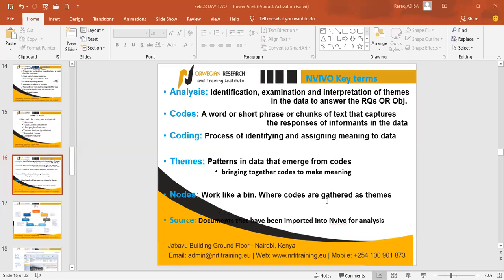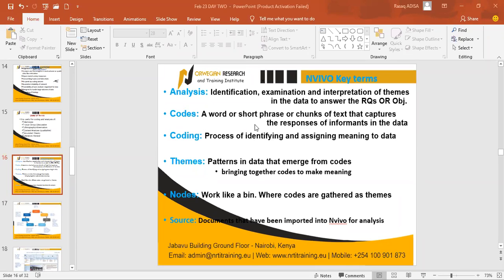So the key terms in Nvivo that we need to understand: analysis. When we say analysis, as we talked about, it is the process of identifying the codes and interpreting them into themes in order to answer our research objectives or research questions. Codes are a word or short phrase or chunk of text that captures the responses of informants in the data.